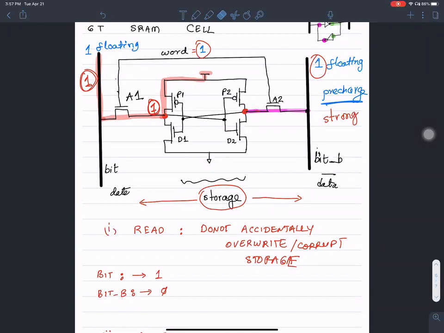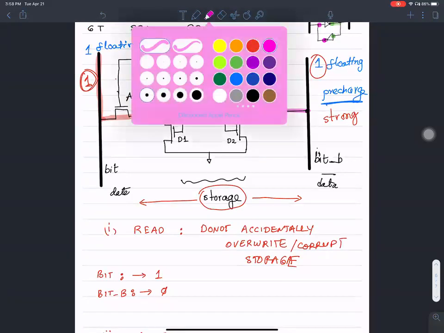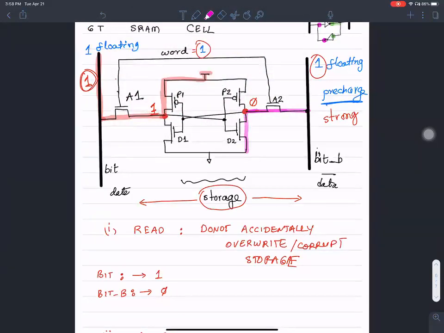So when we are reading, we should be careful not to disturb or overwrite the contents inadvertently. When we make the connection through A2, I want to be really sure that there is only discharge happening in this path.